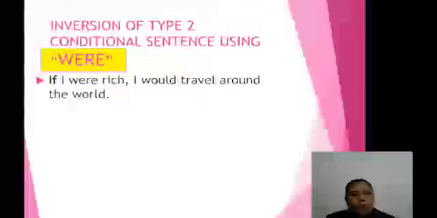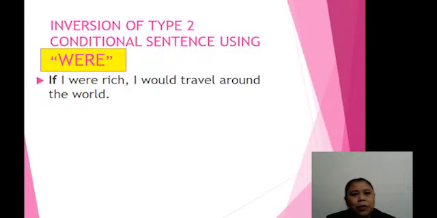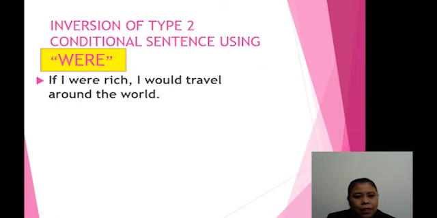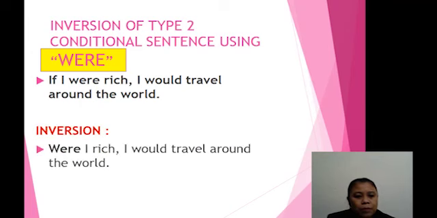Now, the example of type 2 conditional sentence using were. "If I were rich, I would travel around the world." Okay, what do you think of the inversion then? Yes. The inversion of "if I were rich, I would travel around the world" is by omitting if and then putting were in front.